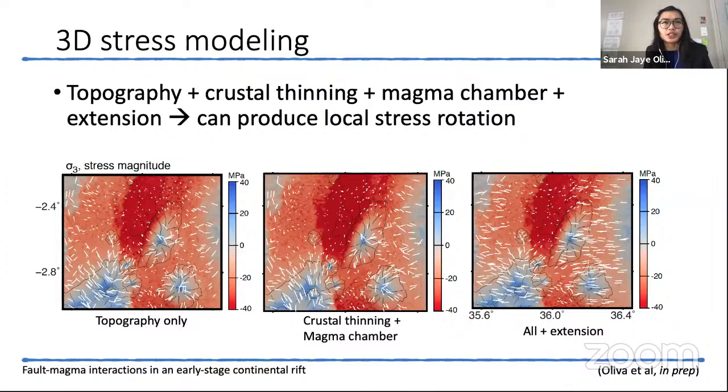So modulating the amount of extension with the other components would be able to recreate the local stress rotation that we observe in the data.